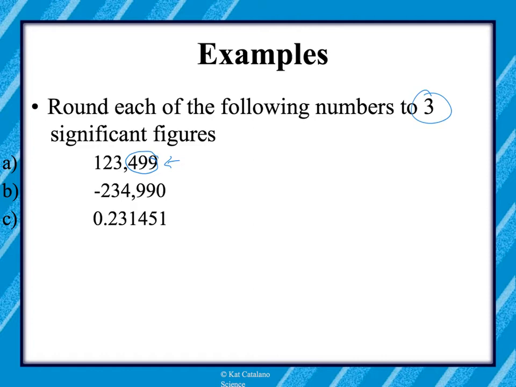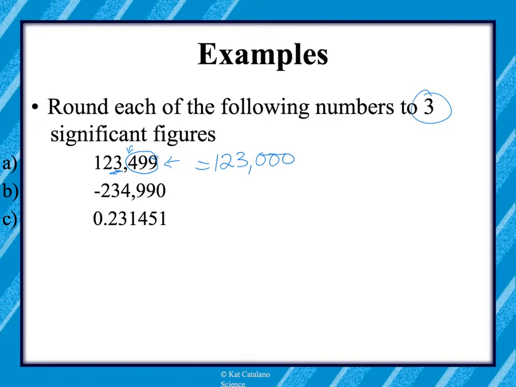So I'm going to need to take a look at this spot right here to round my answer. The number preceding the 3 is the number 4, which is going to cause this to round down. So my answer will round to 123,000. And if you double check, you will see that that is indeed 3 significant figures.